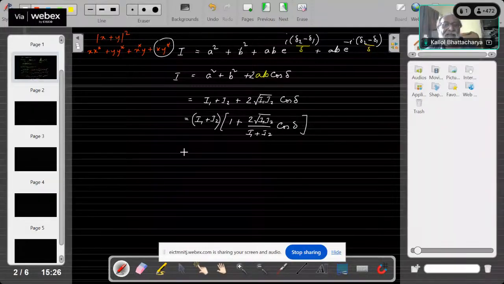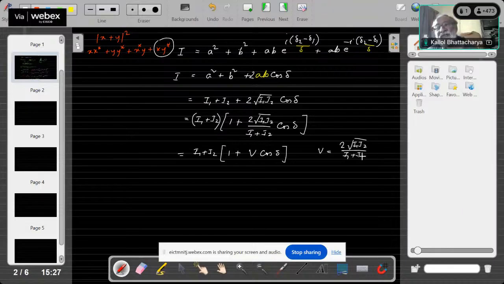This is I1 plus I2 into 1 plus V cos delta, where V is equal to 2 root of I1 I2 by I1 plus I2.